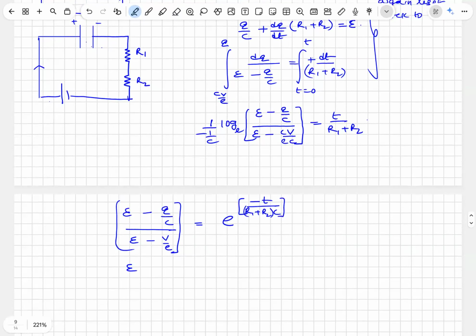So E minus Q by C is E minus V by E times a constant.